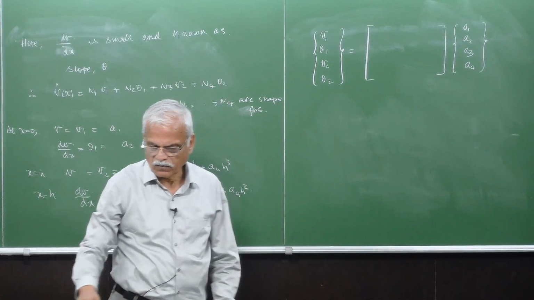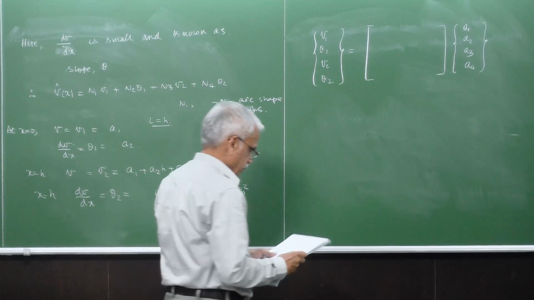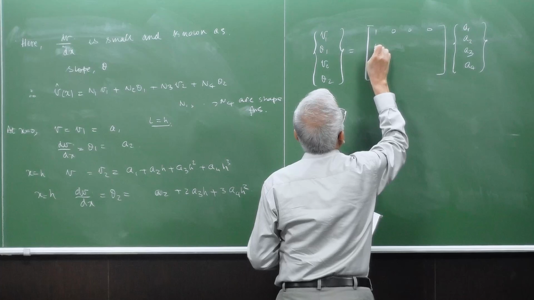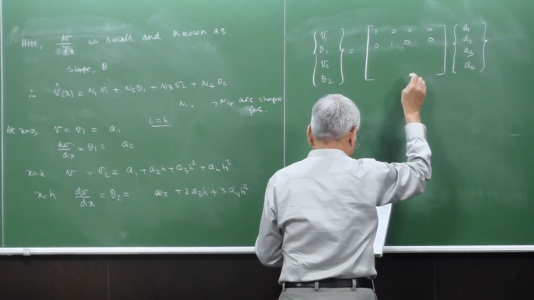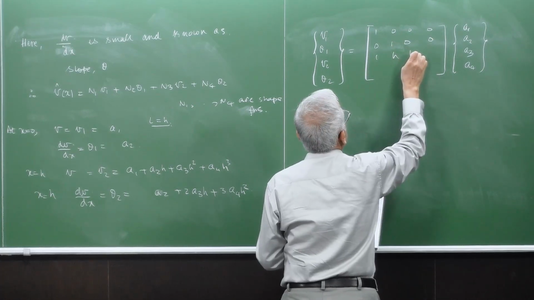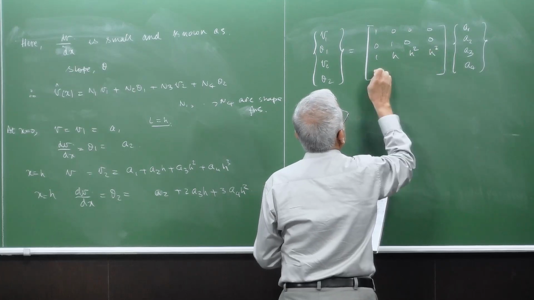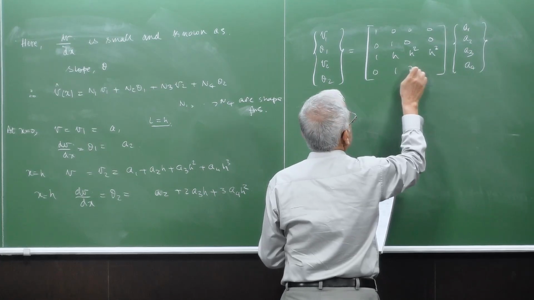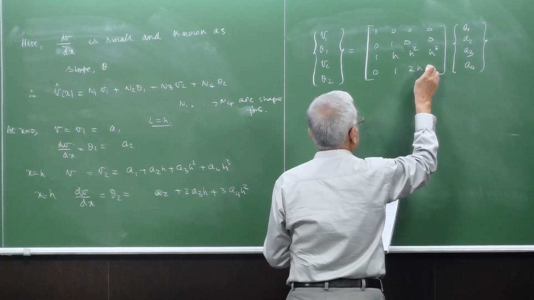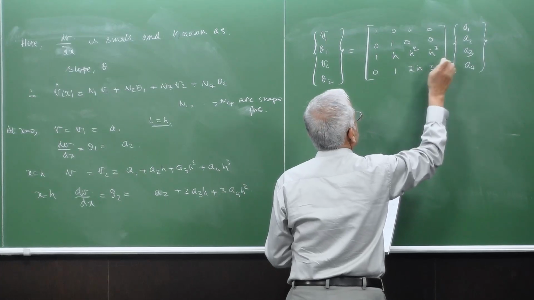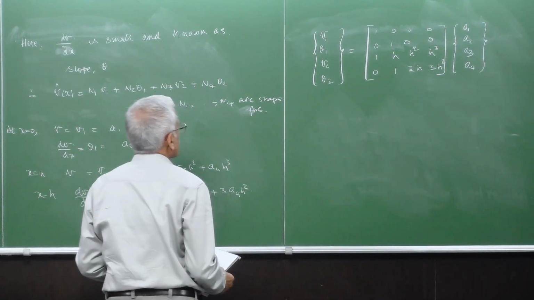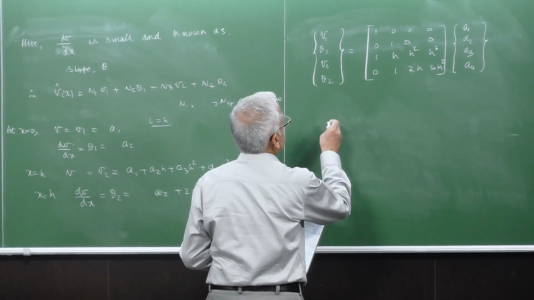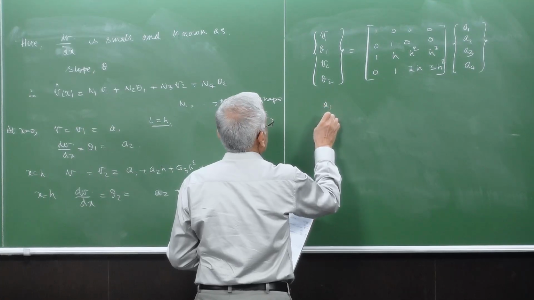A1, A2, A3, A4. Let us just fill it up. So it is 1, 0, 0, 0, 0, 1, 0, 0, 1, h, h square, h cube, 0, 1, 2h, 3h square. So this is the kind of equation, converting A1, A2, A3, A4 into V1, theta 1, V2, theta 2. So we can find out these things.